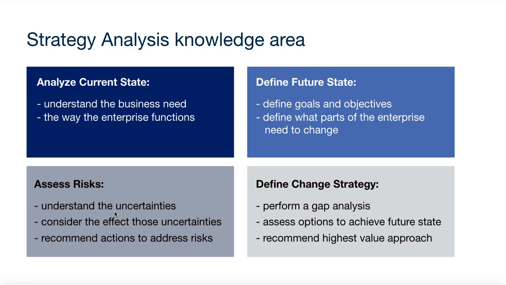And you need to even consider the effect of those uncertainties. It's not just identifying uncertainties, but you even need to understand the impact those uncertainties would create. As part of that, you would be able to understand and even recommend the actions to address those risks and uncertainties. So this is all about strategy analysis.